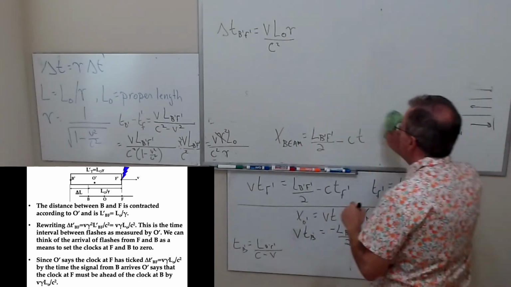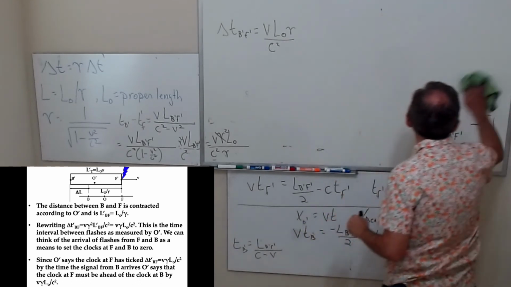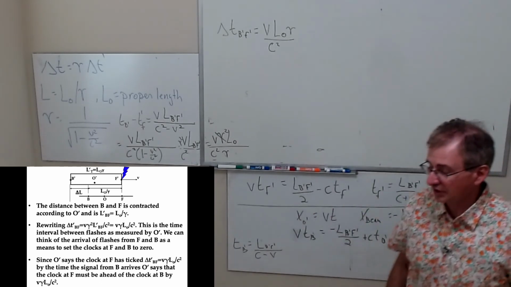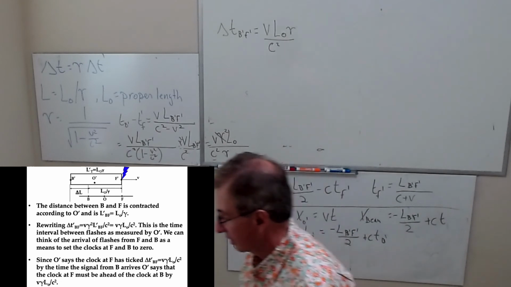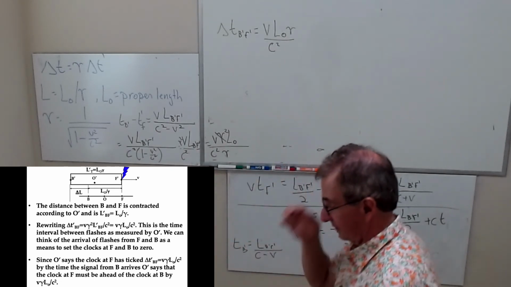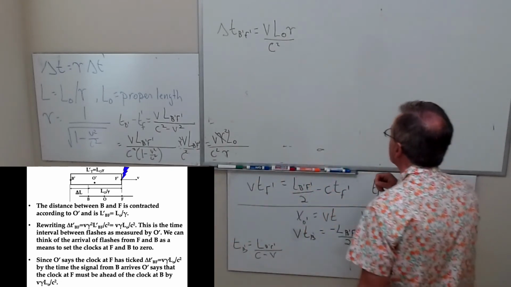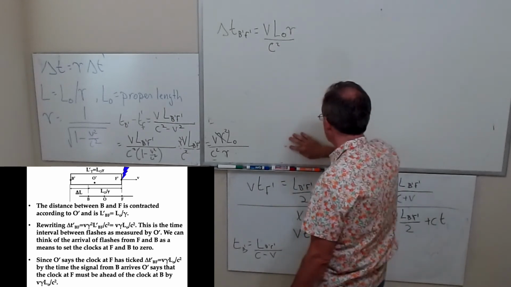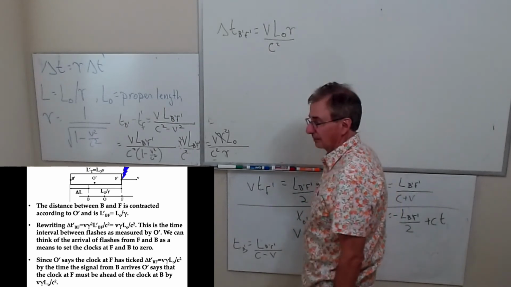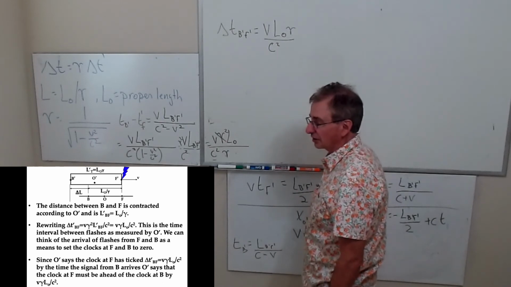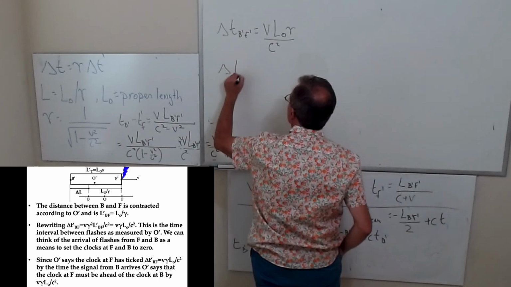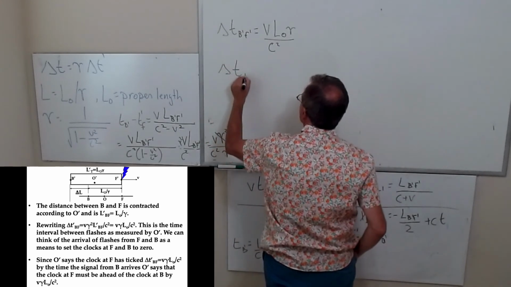This is the time as measured by the observer in the train. So the observer in the train is saying, wait a minute, your clocks are not synchronized because I measure the clocks to be synchronized by this much. And since your clocks run slower, then your clocks are unsynchronized by the following.